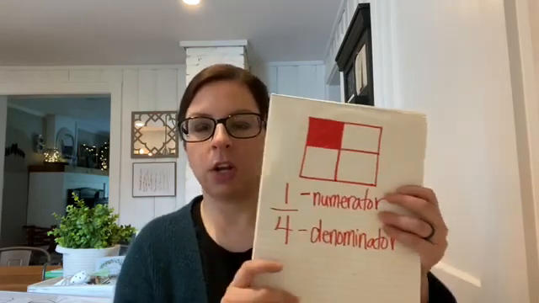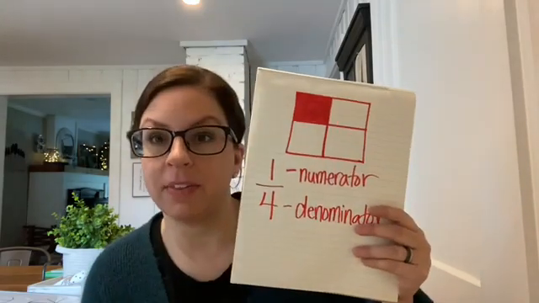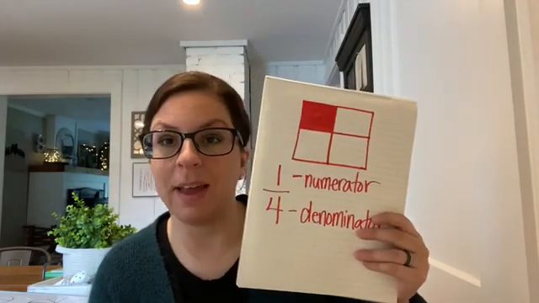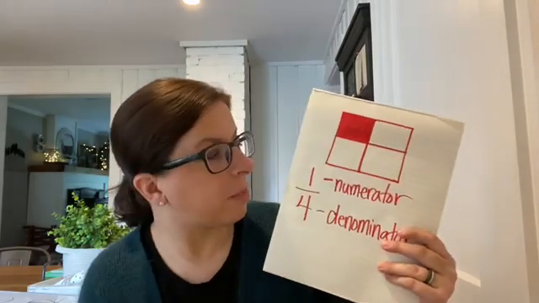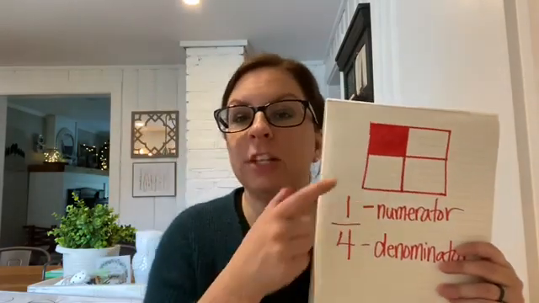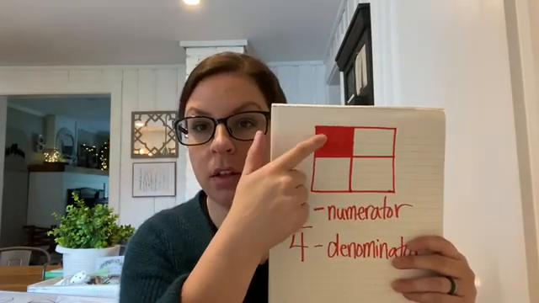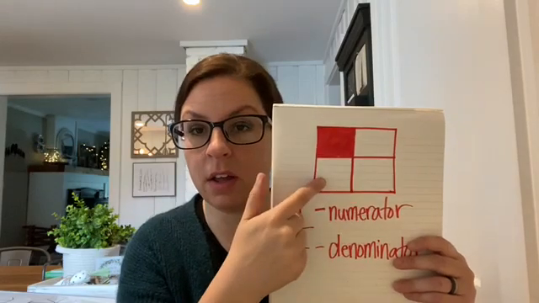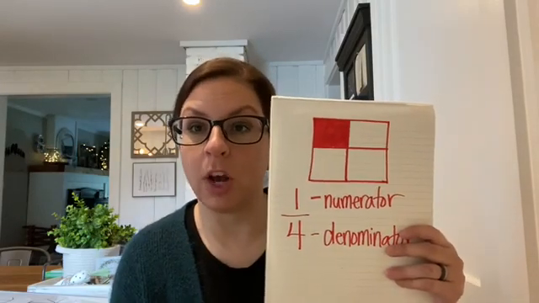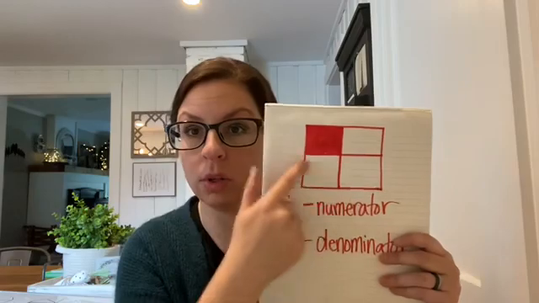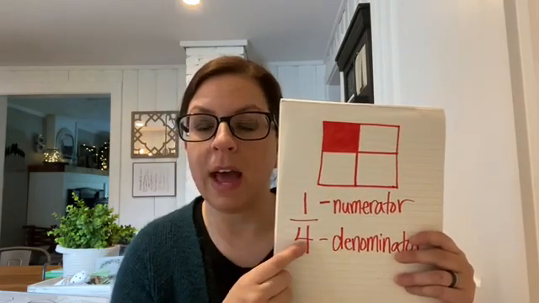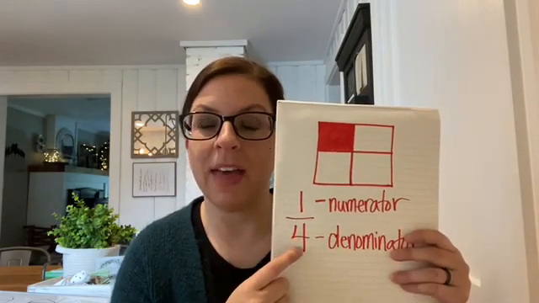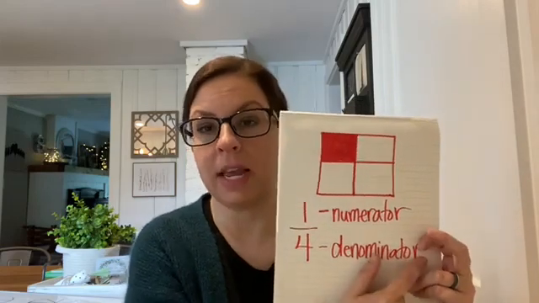We're going to talk about the different parts of a fraction and what they represent. First of all, I have 4 pieces in my whole rectangle. That goes on the bottom, and that is called the denominator.